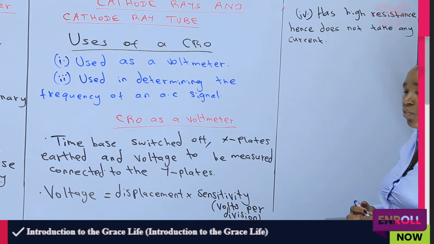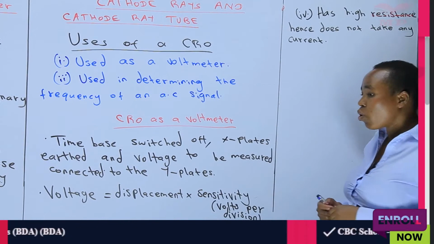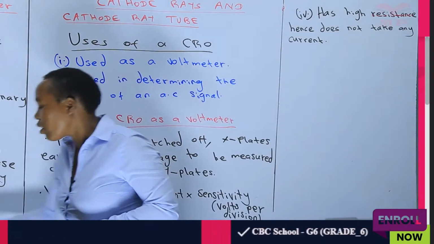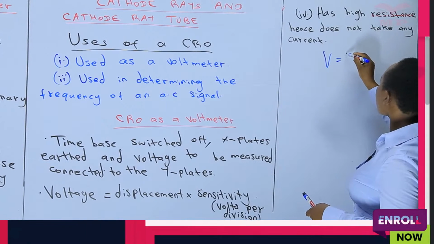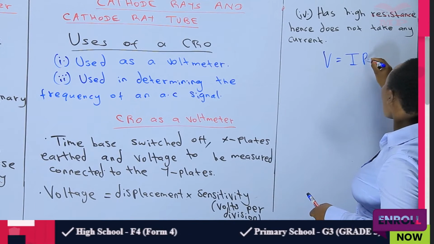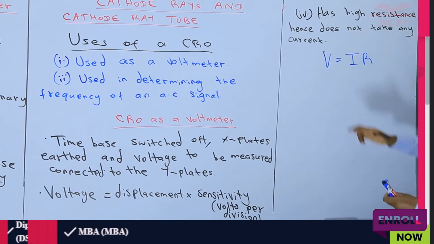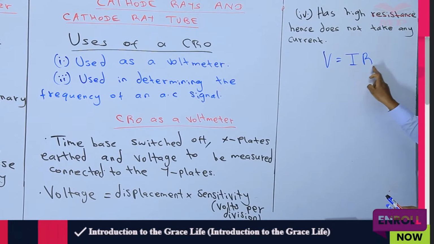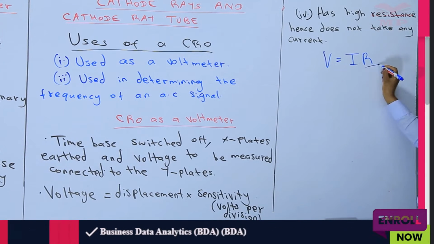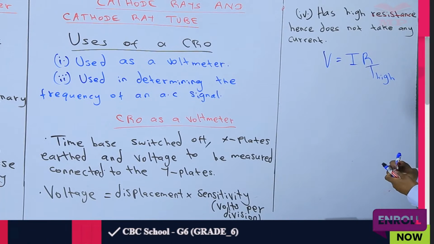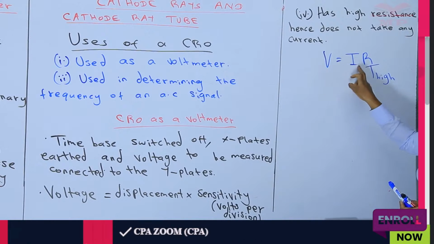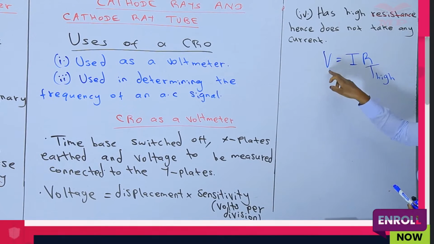From current electricity, on Ohm's law, we know very well that Ohm's law relates voltage to resistance, that is V = IR, and we are saying that a CRO has a very high resistance. That means when it is high, it is not going to take any current or even any voltage.